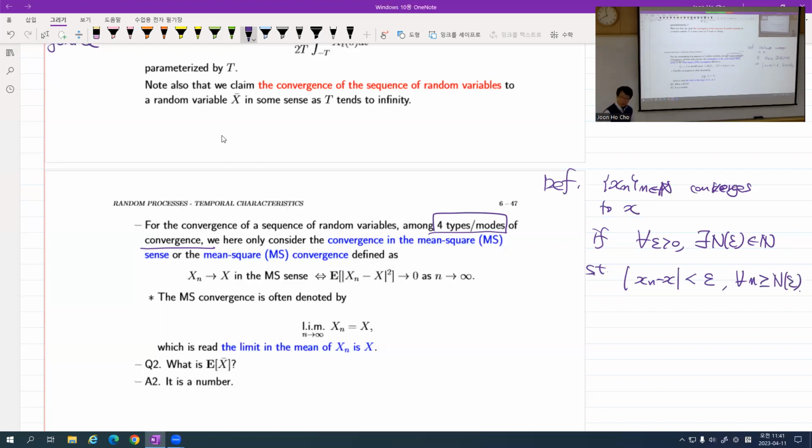So this is the definition I still remember. Yeah, I believe so. Anyway, that is the definition.